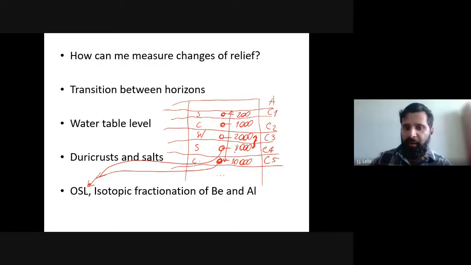So at 8,000 years before the present, this layer was buried by a layer that was almost completely eroded, and only at 2,000 years before the present this layer was buried, and only 1,000 years.